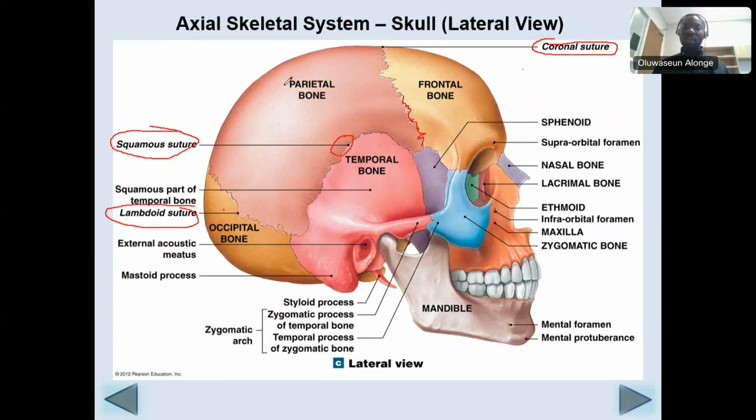Now, parietal bones are two as well, right? So that means they will be weaved at the middle here. This point, we call it the sagittal suture. That's the suture that connects the two parietal bones together.